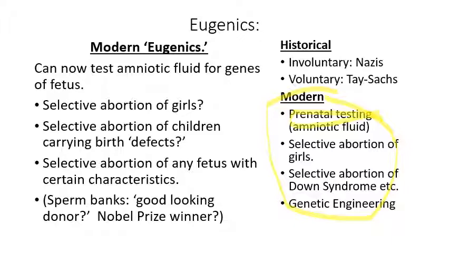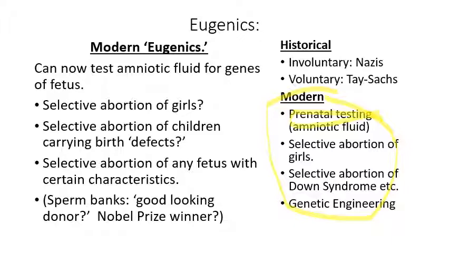So on the grounds of amniotic testing, people are selectively aborting girls because traditionally some families want boys more than girls, and so it does happen. This is happening in different places around the world, probably including Canada to a certain extent, where people are deciding to abort.